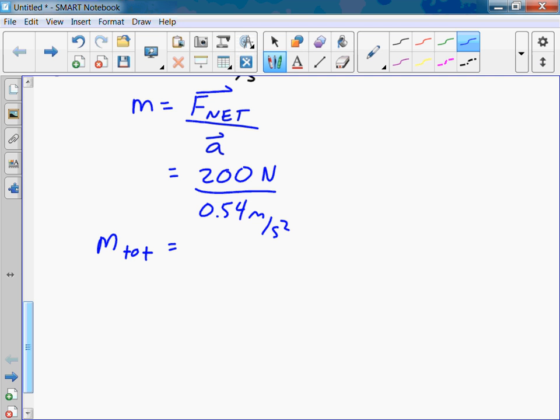What do we get for that answer? 370 kilograms. So that's the mass of the boat plus skier.